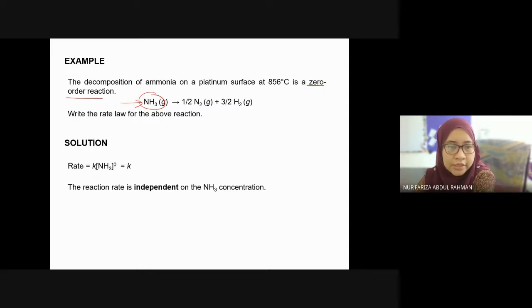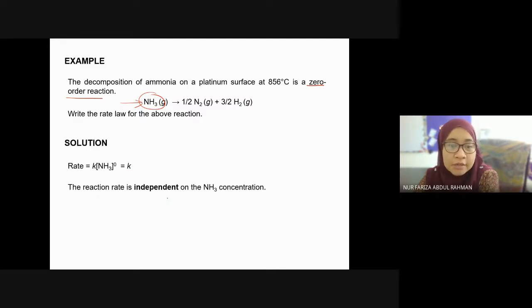Rate is equal to k times concentration of ammonia raised to a power of 0. So we know that anything raised to a power of 0 is equal to 1. Betul tak? It's equal to 1. So rate is equal to k. Okay, that means apa yang kita boleh conclude from this rate law? So it shows that the reaction rate is independent.